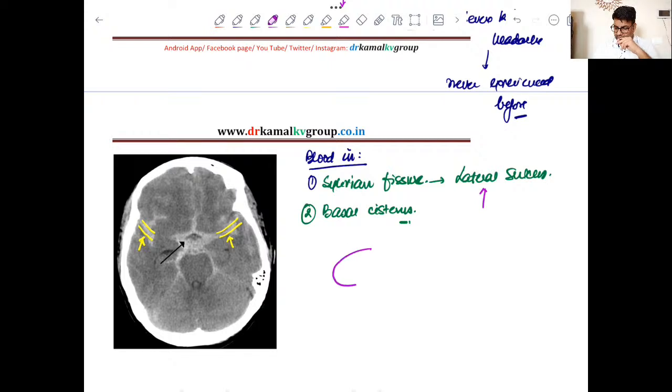So suppose if this is the frontal lobe and this is the temporal lobe, okay, obviously parietal and occipital will go backward. Now this area is the lateral sulcus, okay, so this is the lateral sulcus, which is actually the Sylvian fissure, right?